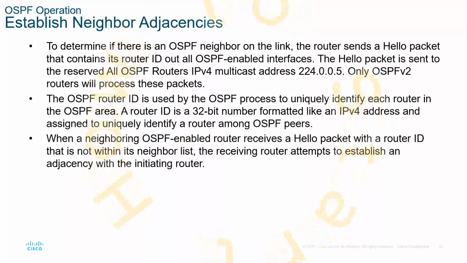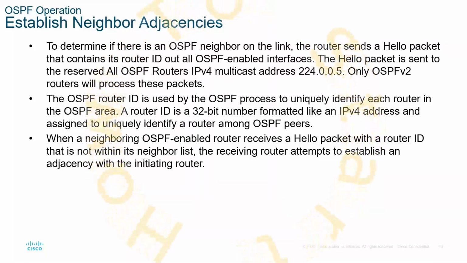The OSPF router ID is used by the OSPF process to uniquely identify each router in the area. The ID is a 32-bit number formatted like an IPv4 address, but is assigned uniquely to each of the devices. You'll notice in the Cisco material, we keep them very simple: 1.1.1.1, 2.2.2.2, 3.3.3.3, and so forth.